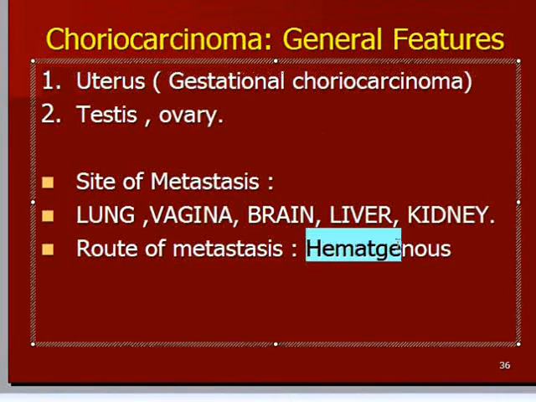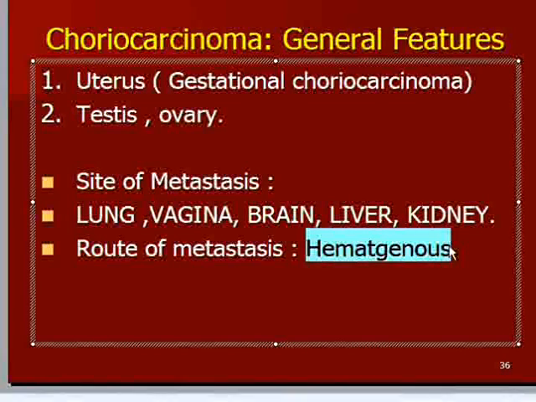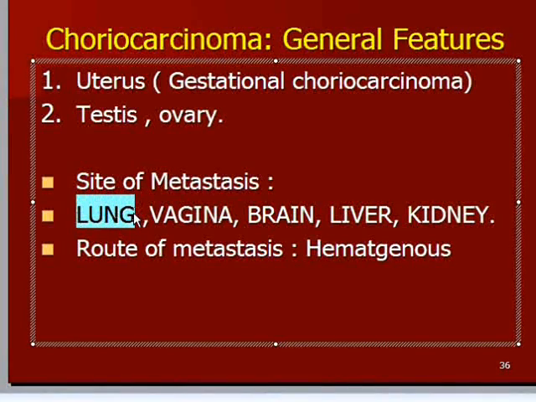The route of metastasis is hematogenous, travels via blood. Remember the lungs are one of the most common sites for the metastasis of the choriocarcinoma. So whenever you suspect a patient with a choriocarcinoma, you make sure that you take a chest X-ray. It is a very important regular process.